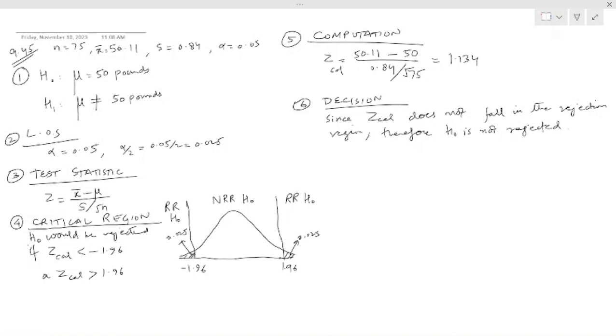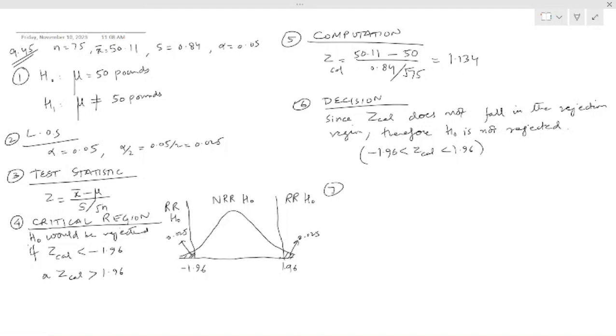And over here you can state the reason that z calculated is falling between minus 1.96 to 1.96. That's the mathematical justification for that.